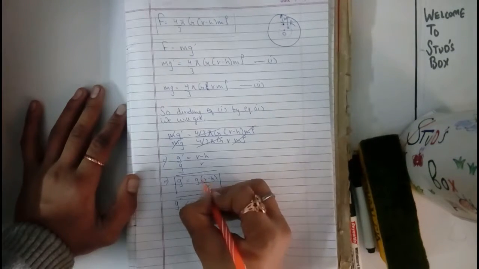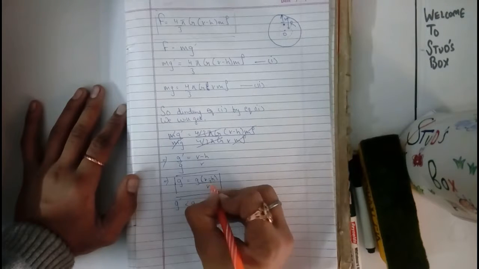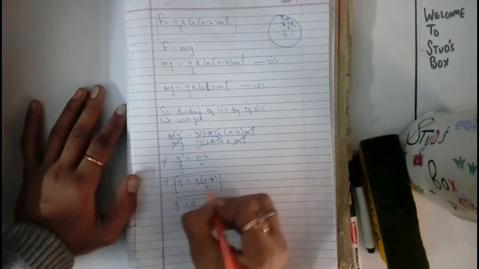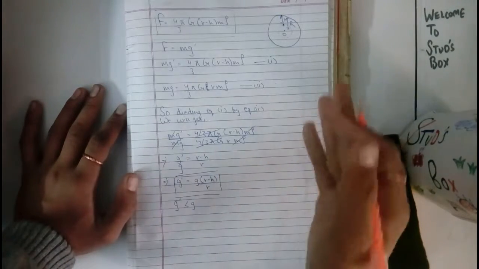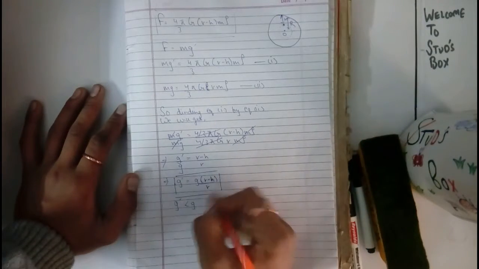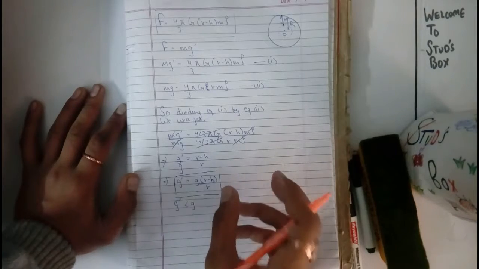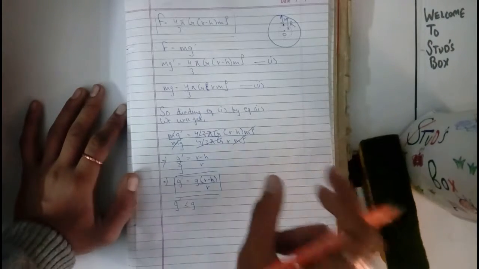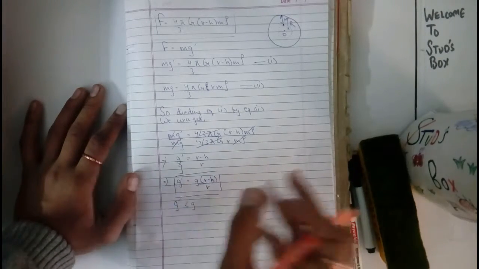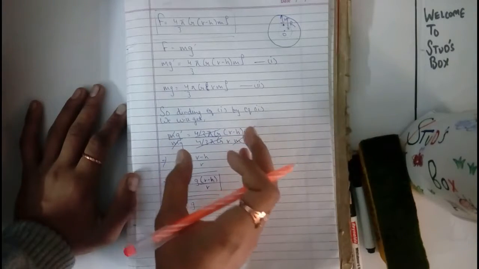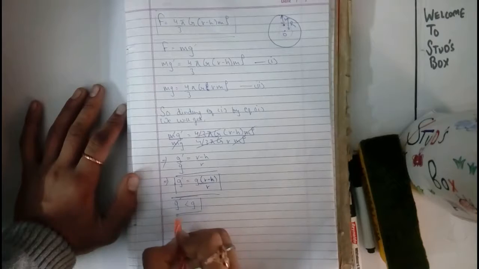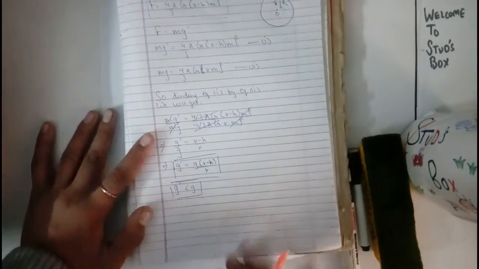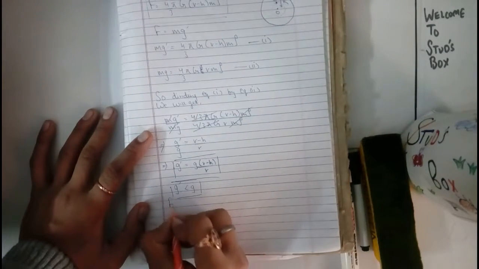How? g is multiplied by (r minus h) divided by r, and r minus h is surely less than r. So this will give a fractional value, and when multiplied by g, we get a smaller value than g. So g' is less than g.